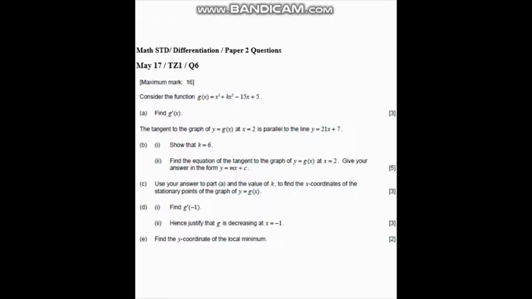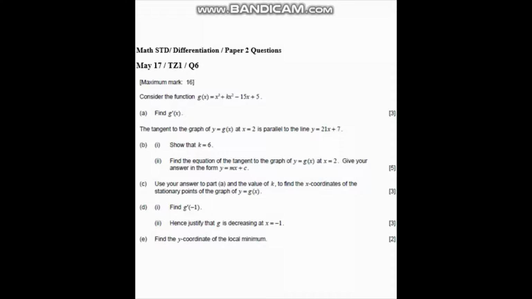In B I am required to find the equation of the tangent to the graph of y equals g of x at x equals 2. Give your answer in the form y equals mx plus c. So we want the equation of a tangent. We need the slope and a point.